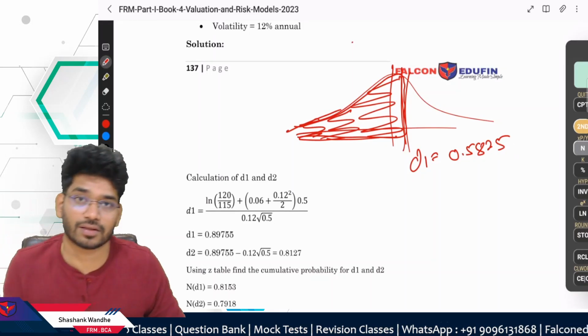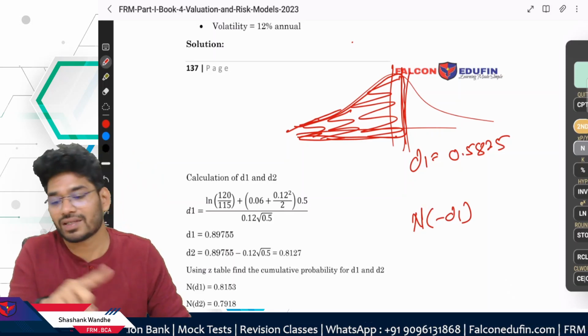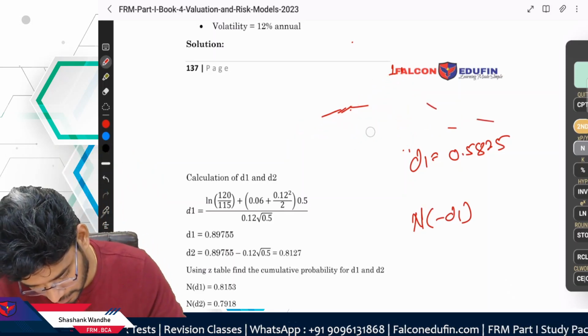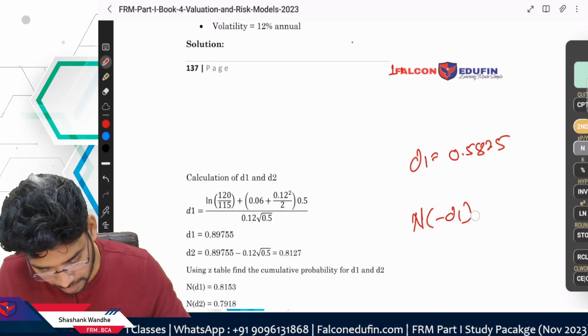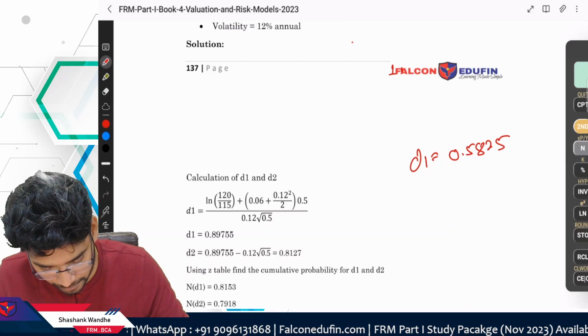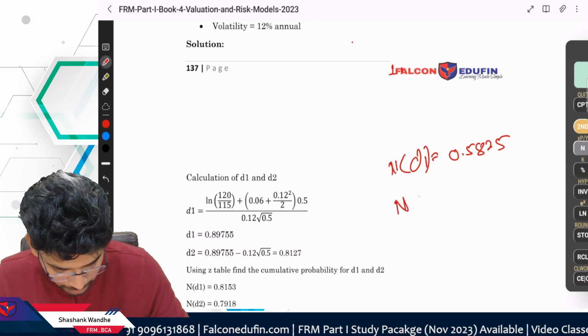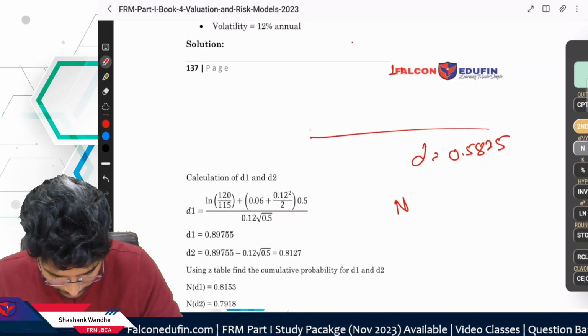Now what is N minus D1? Simply the opposite. So if you have to calculate, this is ND1, we assume D1, right?